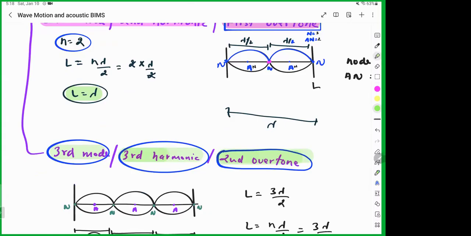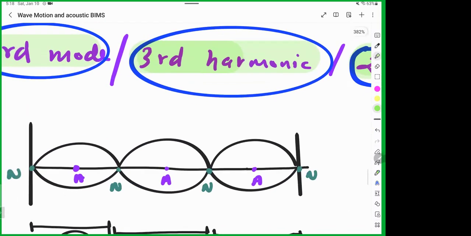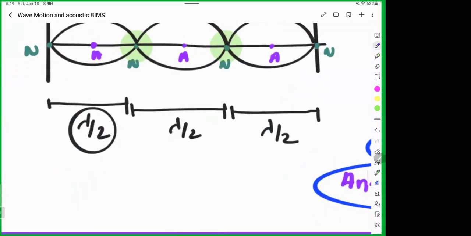You can just imagine the number of overtones in this situation is the number of nodes in between. For example, here you have two nodes in between, so two overtones. Here you had one node in between, so one overtone. Just correlate with this. You have one node here, so first overtone. How many overtones will there be?